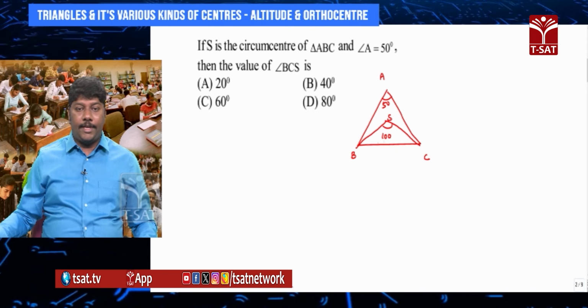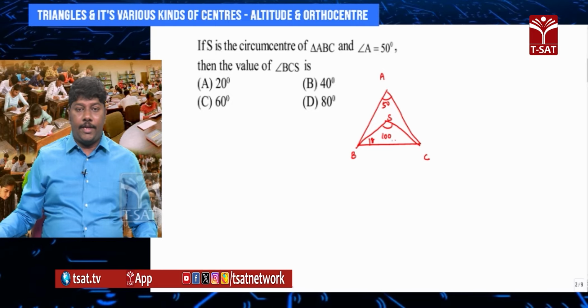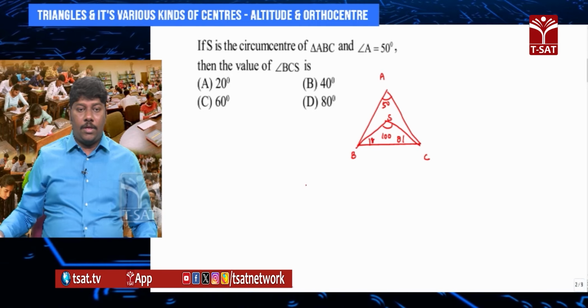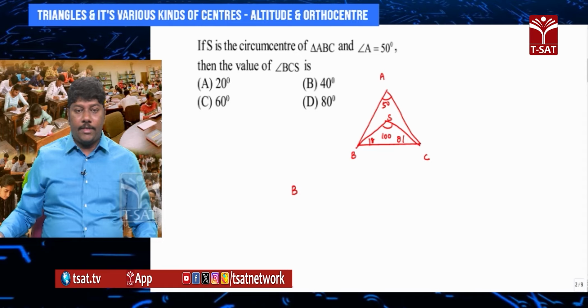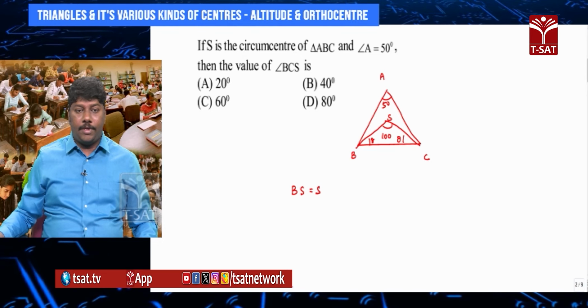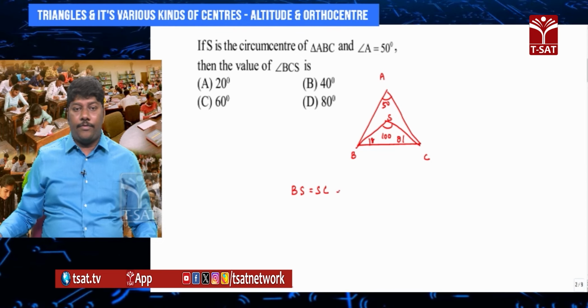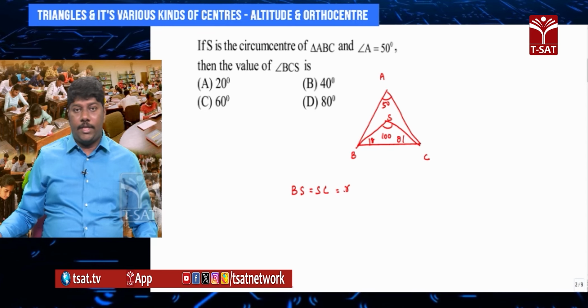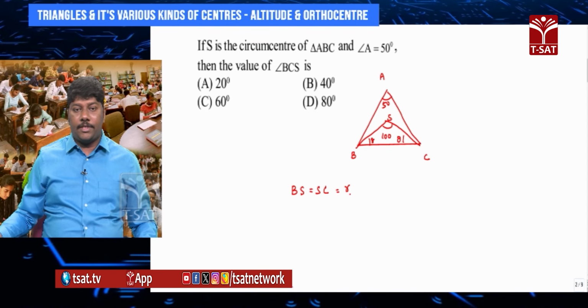Now he is asking you BCS. If I take it as theta and theta, I can say side BS is equal to side SC because this is the radius of the circumcircle.